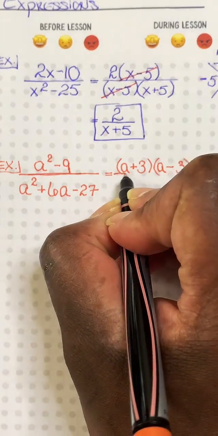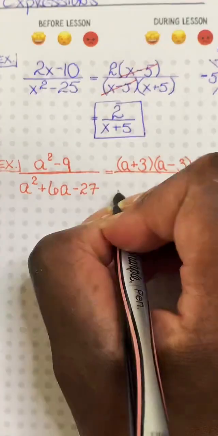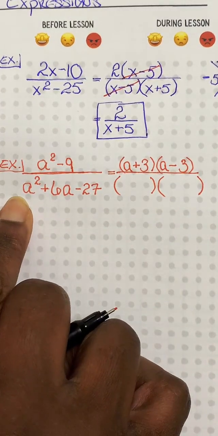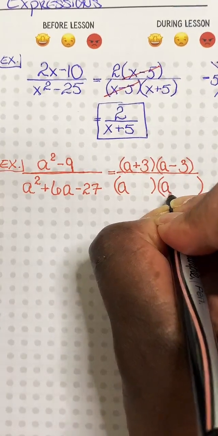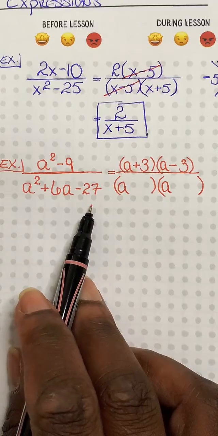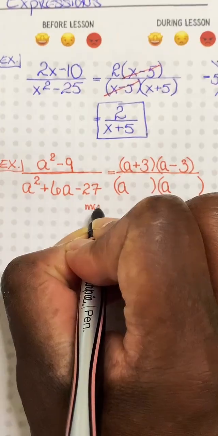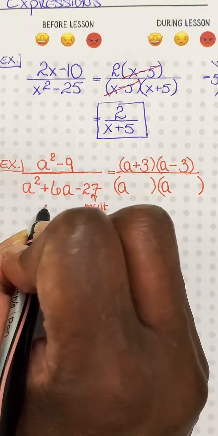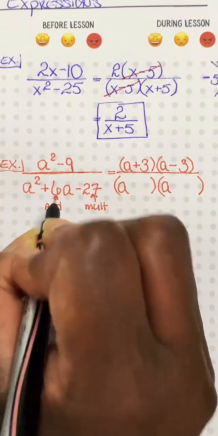But down here in the denominator, we can also split our a's because my leading coefficient is 1. So there's an a here and an a here. But now we have to think: what two numbers multiply to give me negative 27, and the same two numbers add to give me 6?